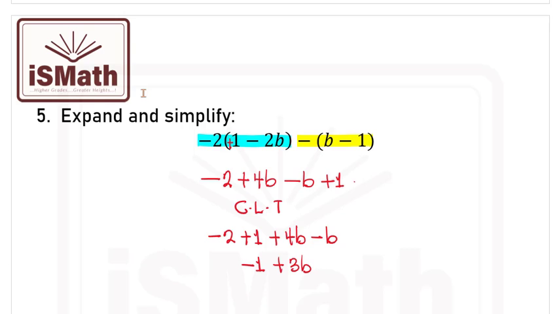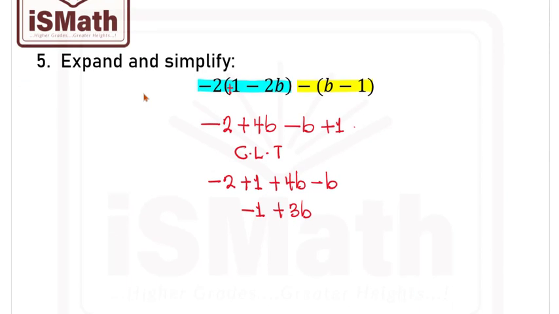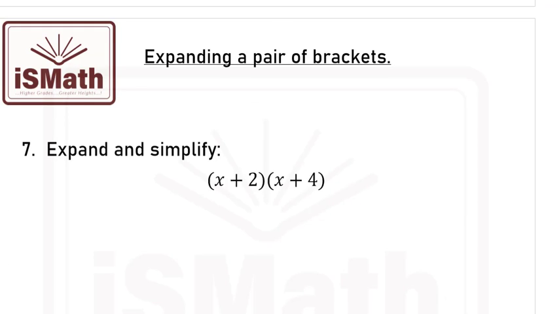So I can rewrite this as, well, I could leave my answer like this as a matter of fact, but I could also rewrite this as 3b minus 1. So that will be the answer. This is also correct.